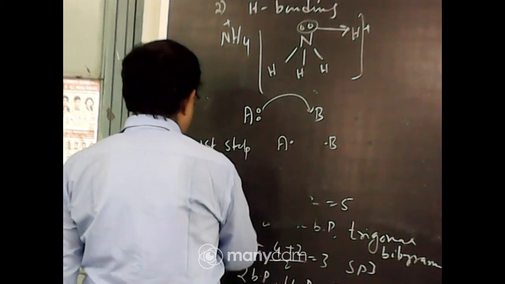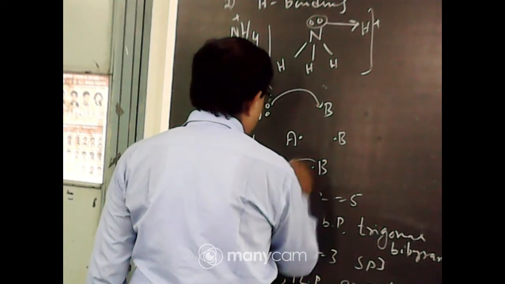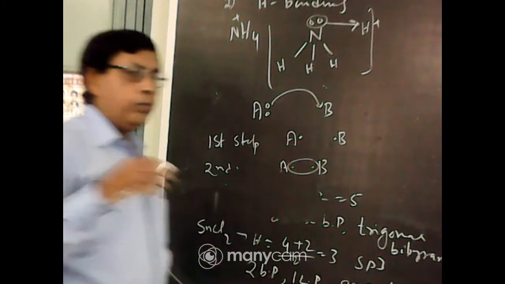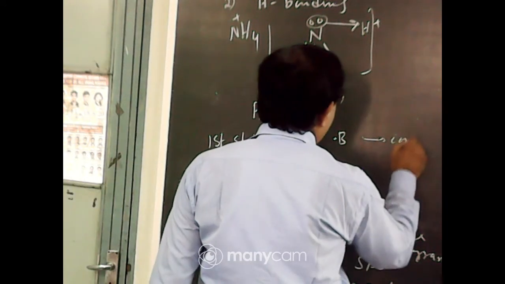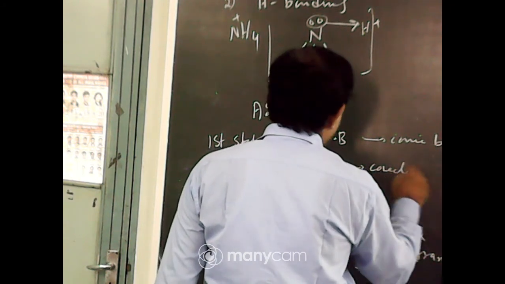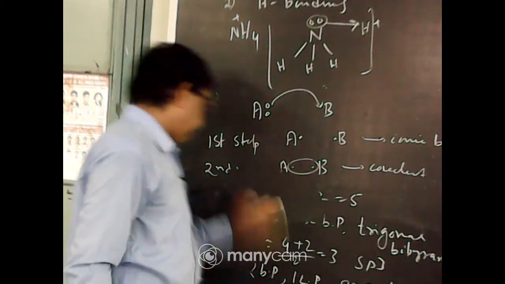In the second step, the A 1 electron and B 1 electron are mutually shared. That is, a coordinate bond is the combination of ionic bond and covalent bond. The first step is like an ionic bond and the second step is like a covalent bond. This combination is called a coordinate bond.